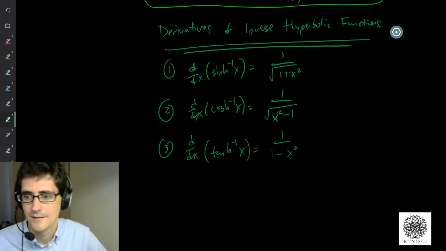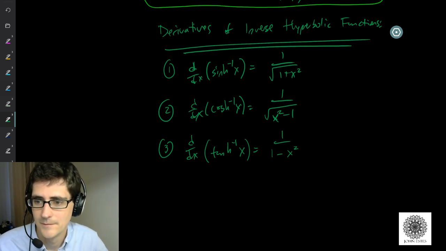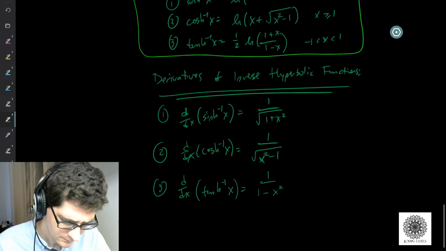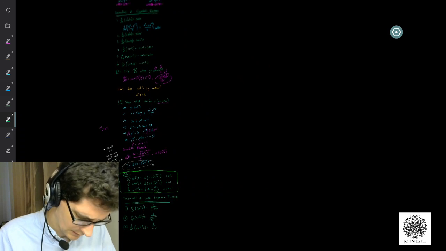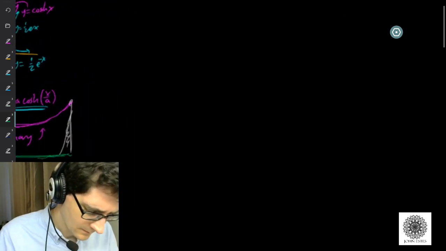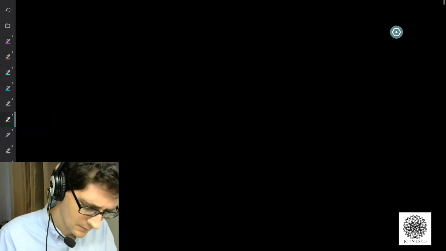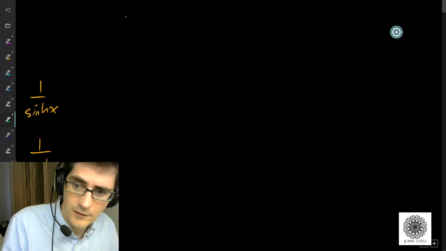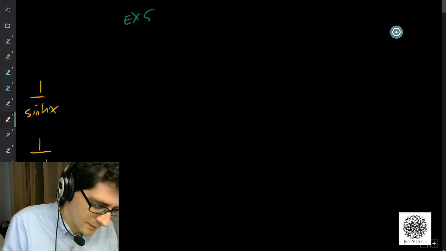Okay. All right, so let's try an example with one of these. I'm out of room, so let me come up to the top again. Let's look at example 5 from the text.